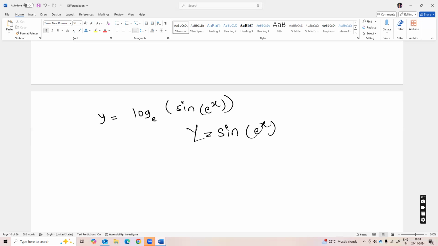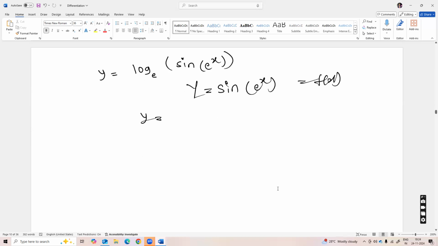So we got log, and this is a function of x only. So y has become log e of Y. If we take its derivative, dy by dx is 1 upon Y times dY by dx.